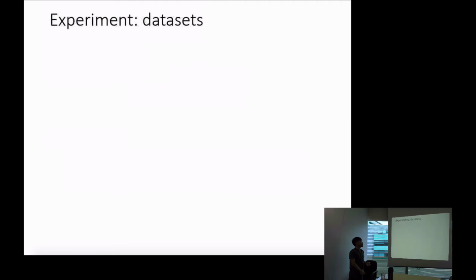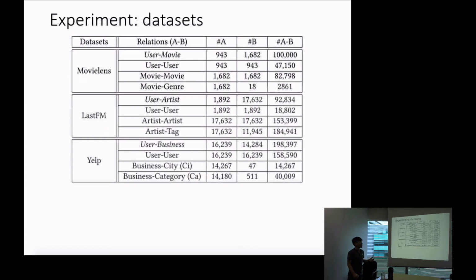Okay. So I quickly go through experiments. For datasets, they have 3 datasets: MovieLens, Last.fm, and Yelp. Those are the relations from the datasets, which can be used to construct the heterogeneous information network. Then this is the number of node types.